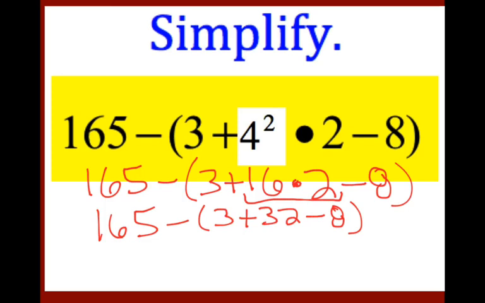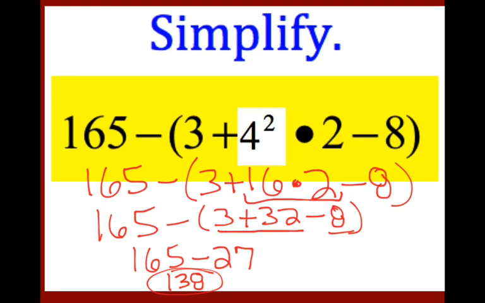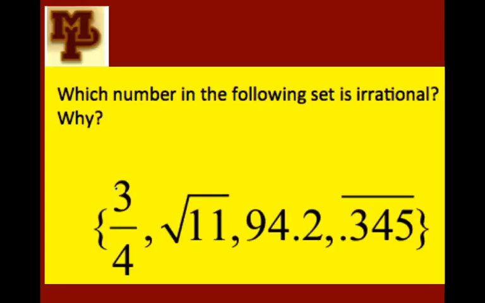Still within the parentheses, we're going to go 185 minus, and this will be 35 minus 8, so 27. And then we can finally add those two together, and that would be 138. So that's order of operations.